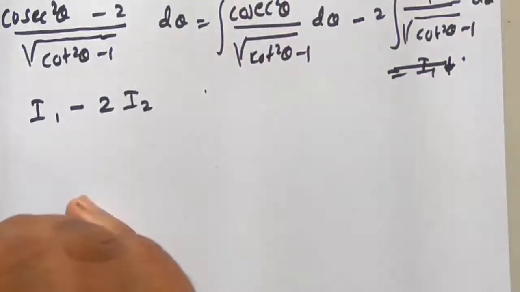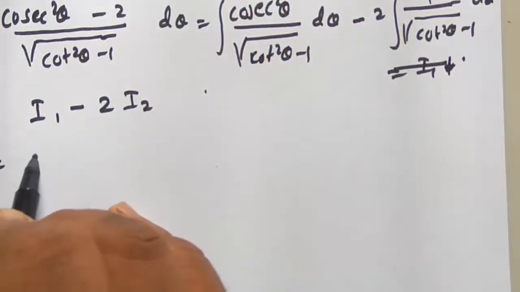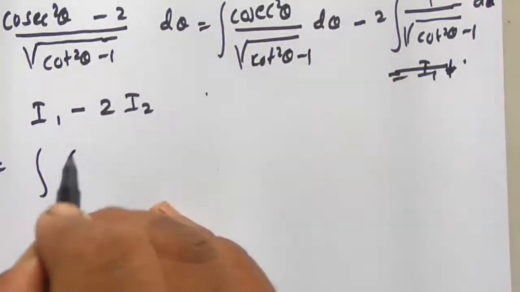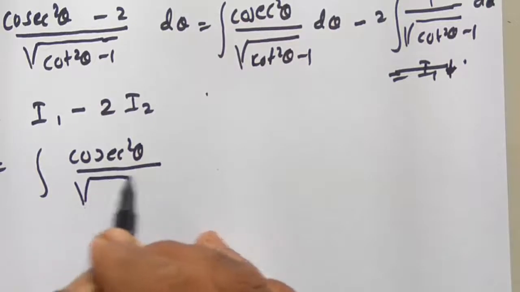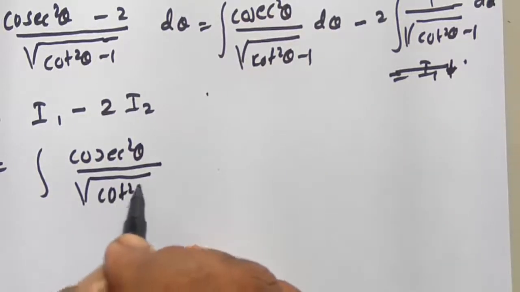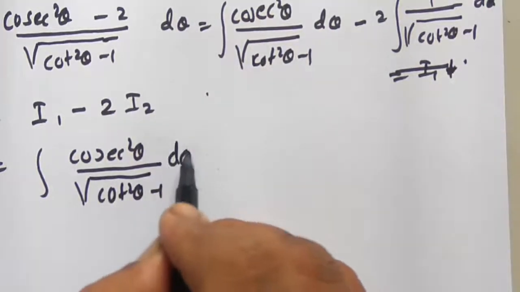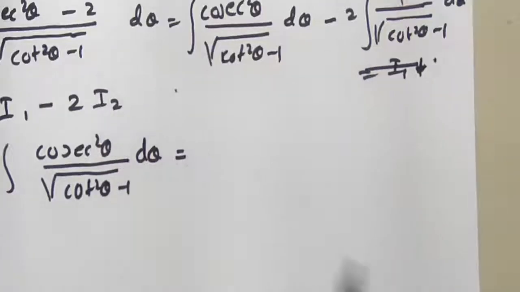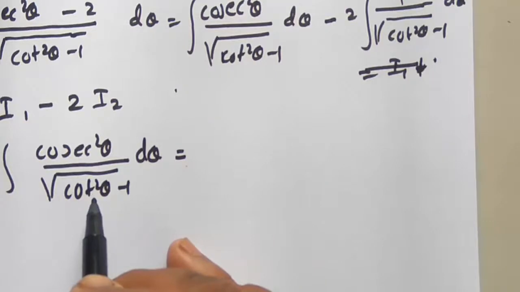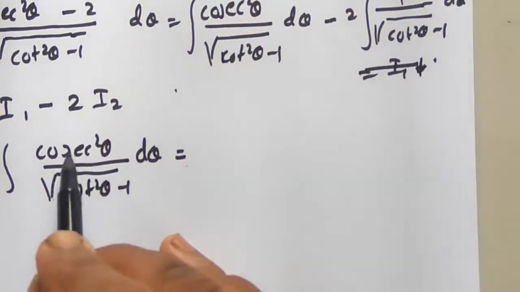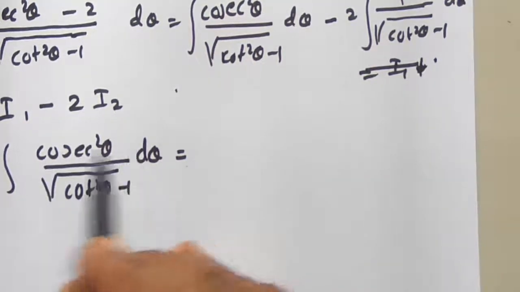Therefore, now I1 is equal to cosec square theta upon under root of cot square theta minus 1 d theta.